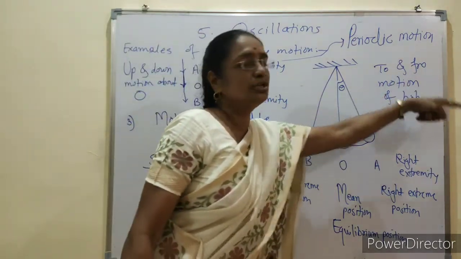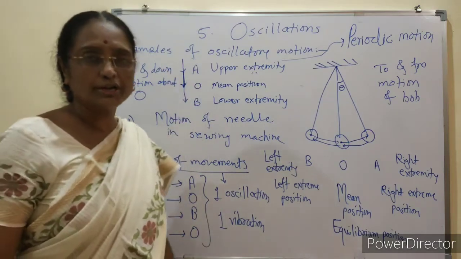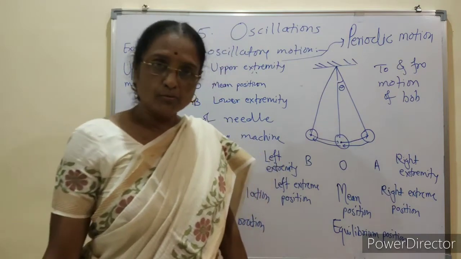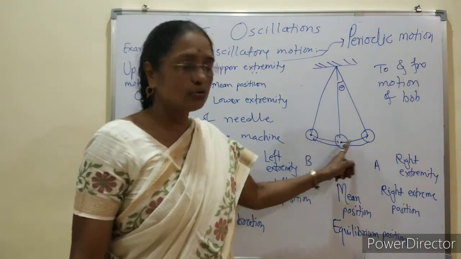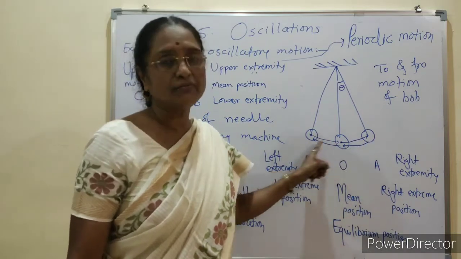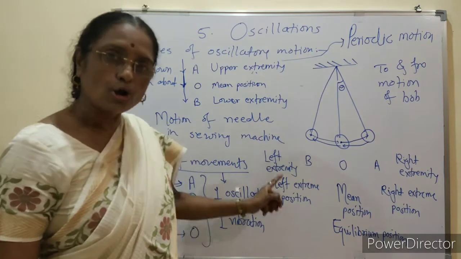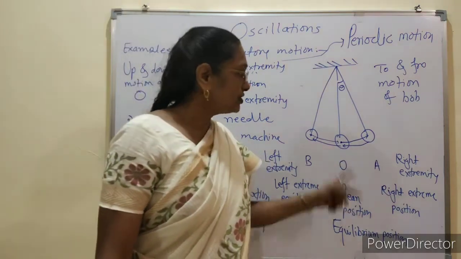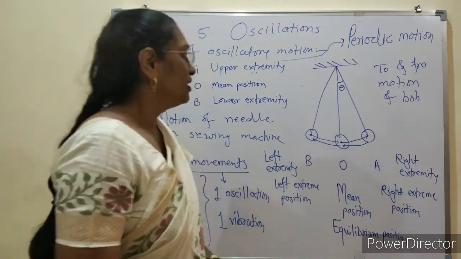In the case of a pendulum it is to and fro, but it is also called an oscillatory motion. Oscillatory motion is the motion which occurs along a certain fixed path about the mean position or equilibrium position, and such examples we have to study in this chapter.